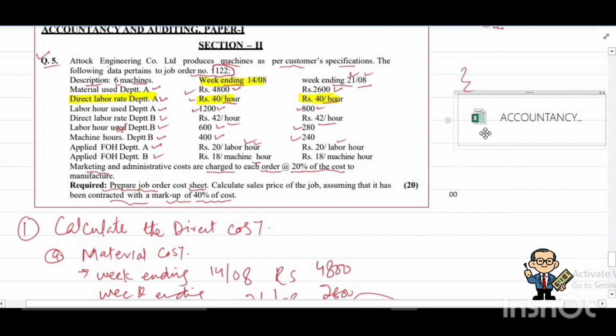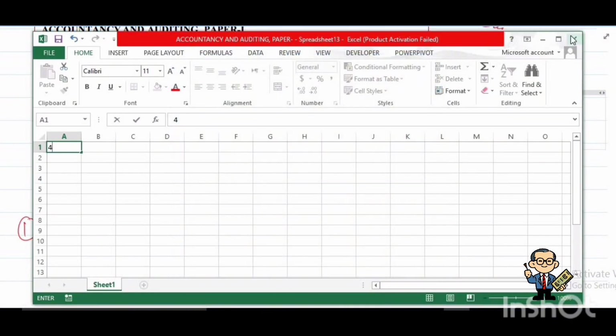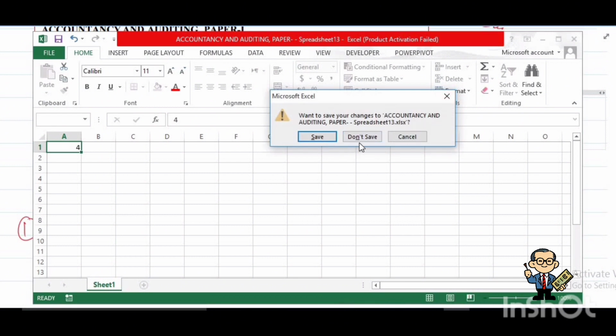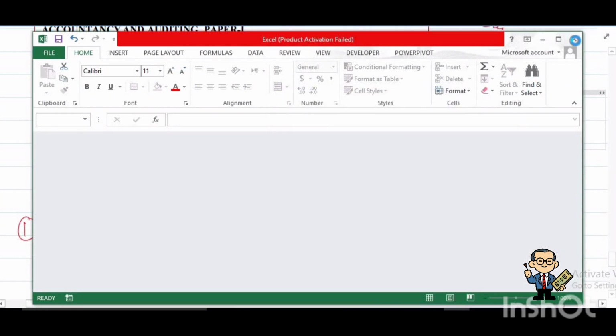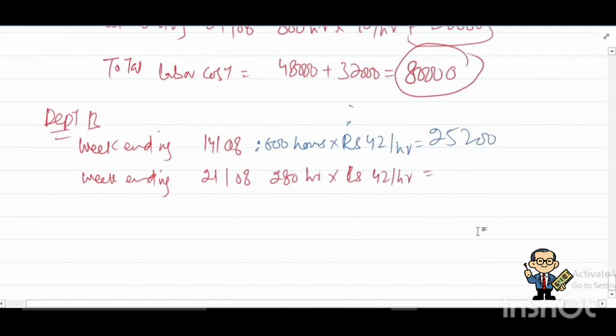So 280 multiplied by 42 and the amount will be 11,760.